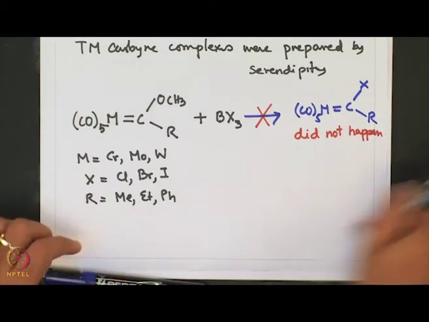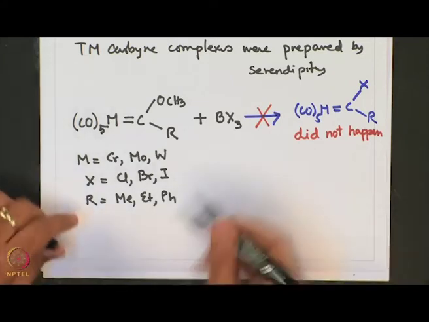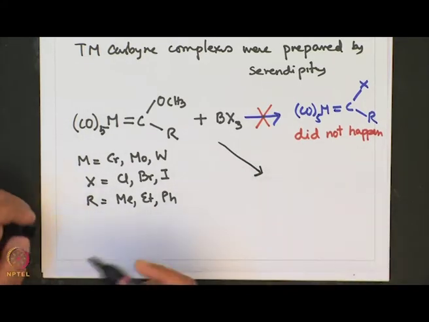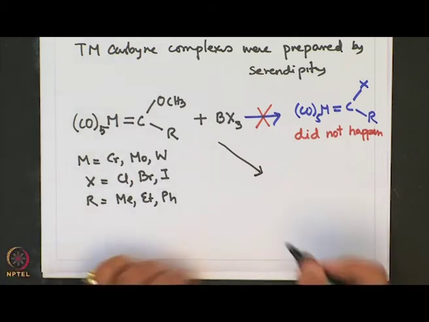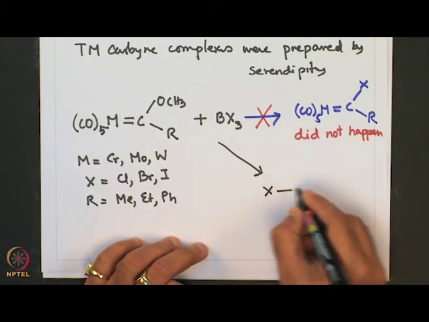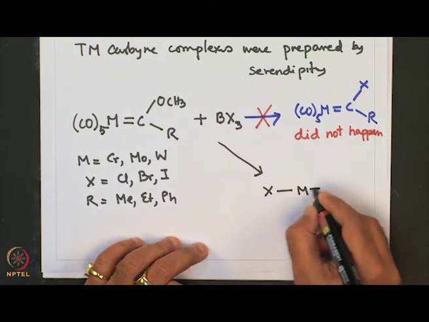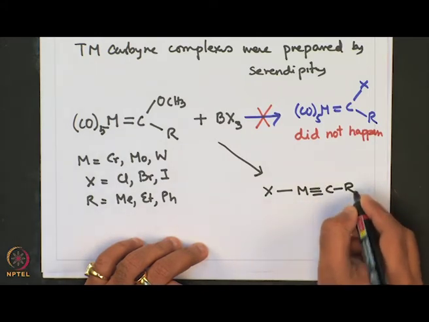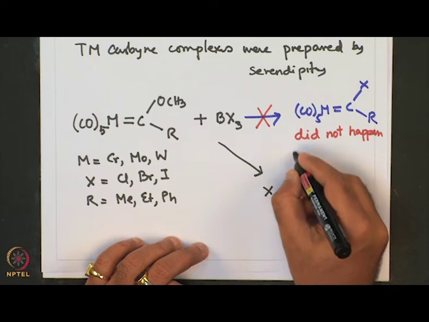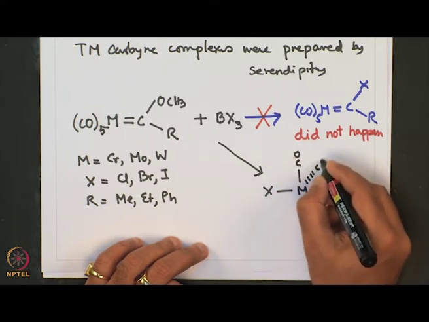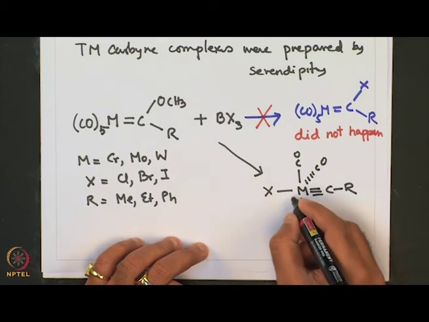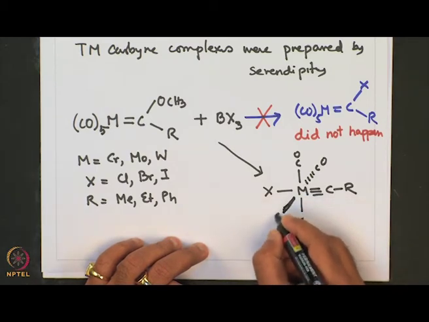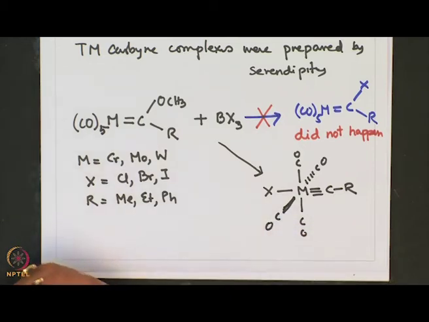And instead, the product which was obtained was this fantastic discovery of a transition metal carbyne complex, where the product obtained was X(CO)4M≡CR.